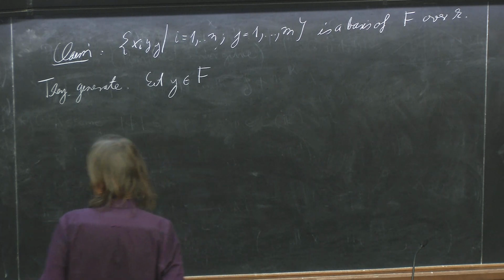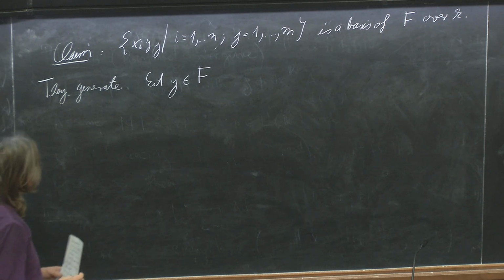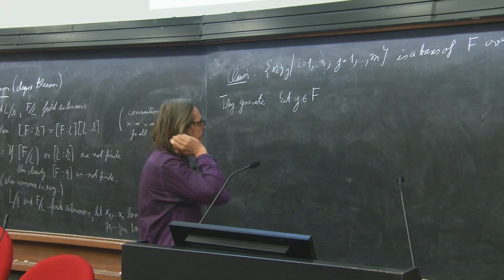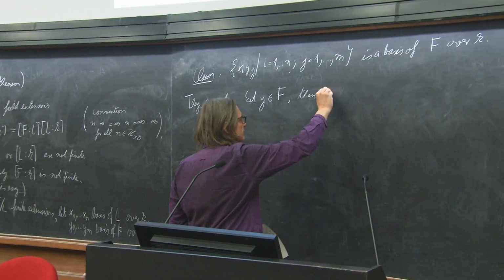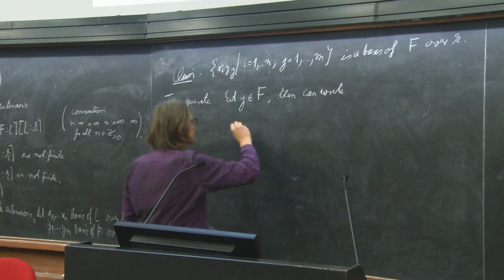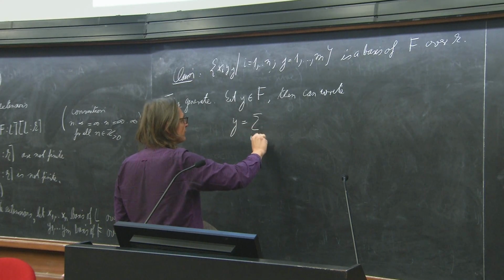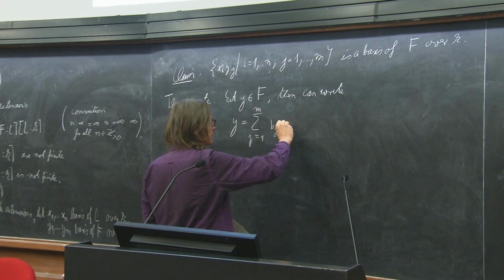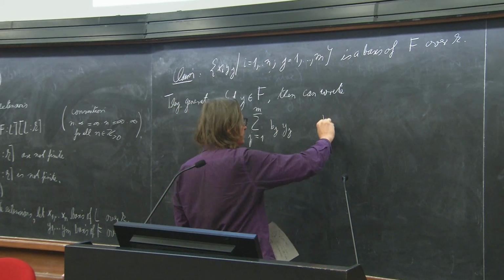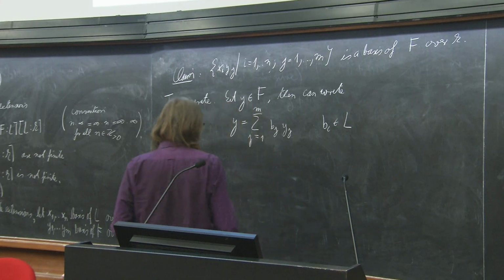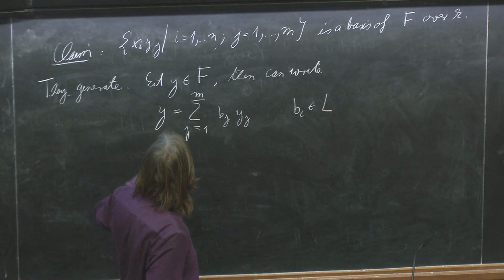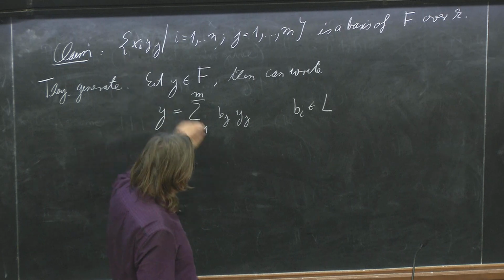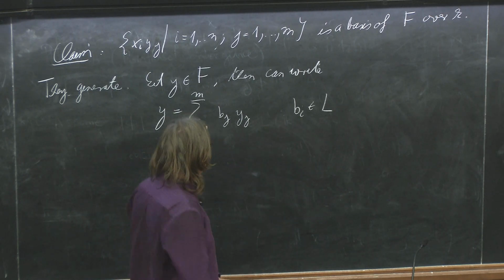First, as the yj form a basis of the L vector space, I can write y as the sum for j from 1 to m of bj yj, where the bj are elements in L. Now we use that the xi are a basis of L as a K vector space, so we can express the bj in terms of the xi.